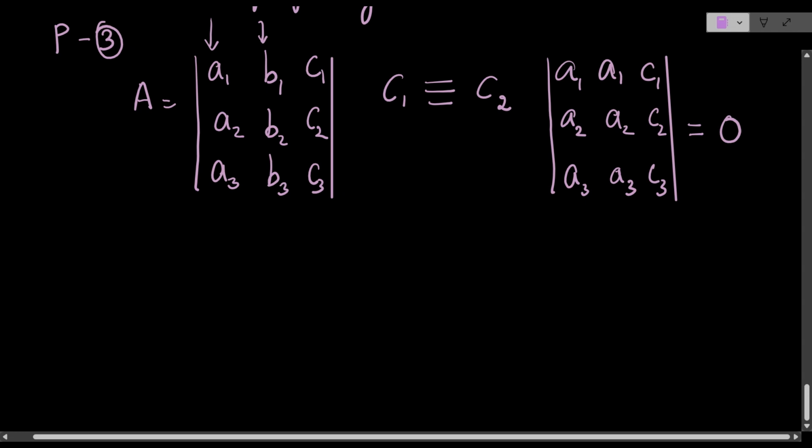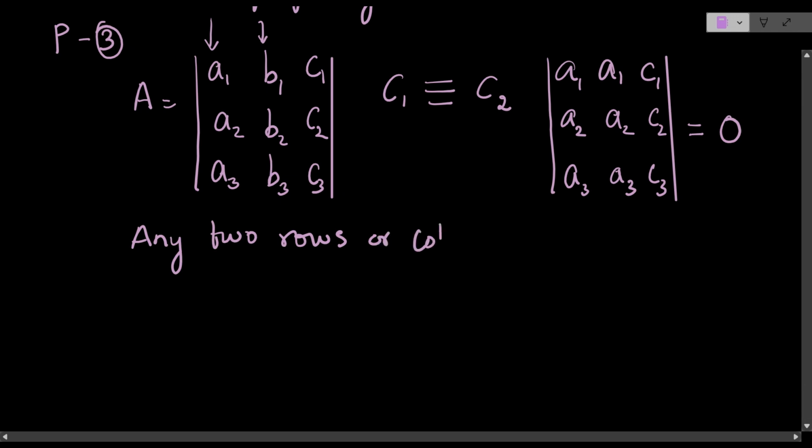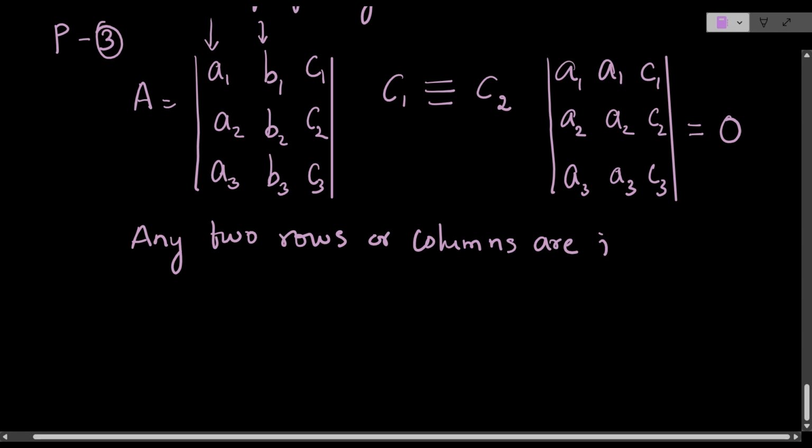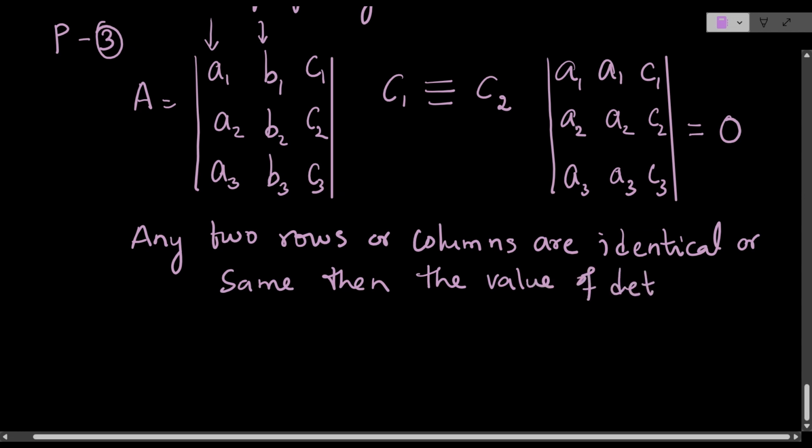So any two rows or columns that are identical, meaning the same, then the value of determinant is 0.